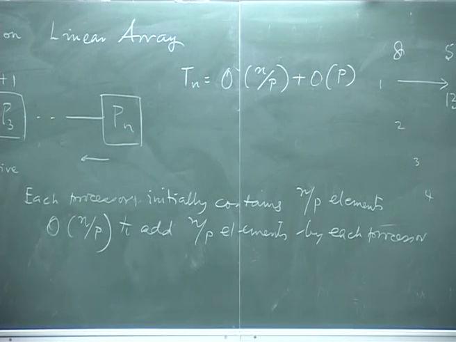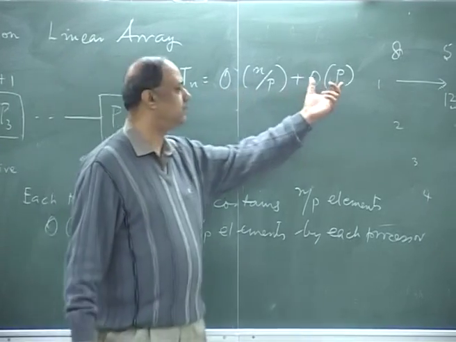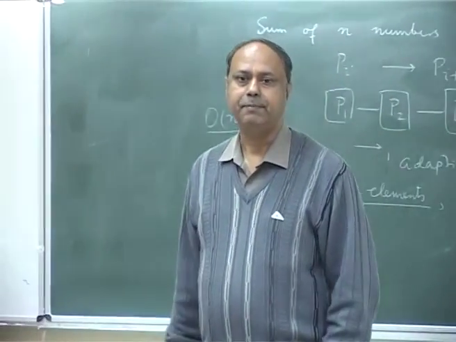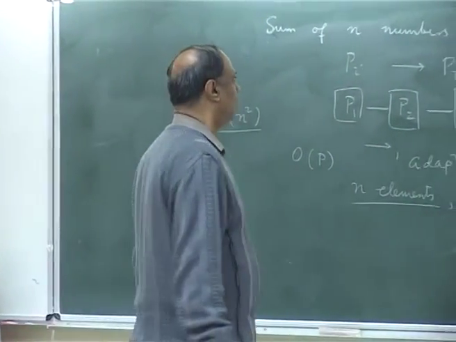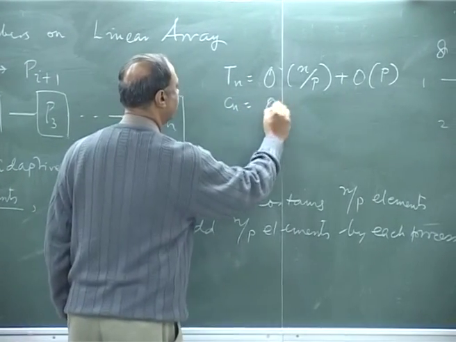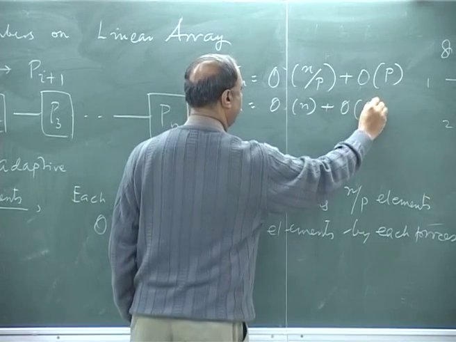Agreed? This n by p is for the sequential addition of n by p elements. This p is for the parallel addition of p elements by p processors. So the cost of the sum of n elements becomes order n plus order p square.